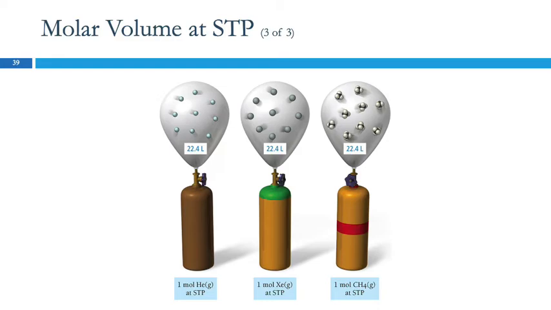What's the mass of 1 mole of helium? 4.003 grams. And how about xenon? 131.3. And methane is 12 plus 4, 16.